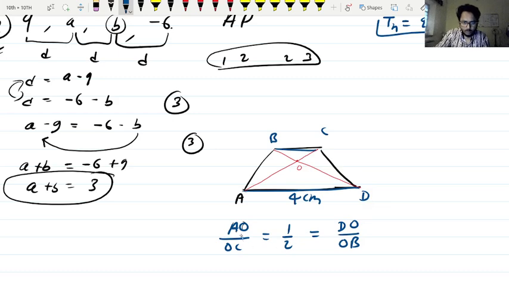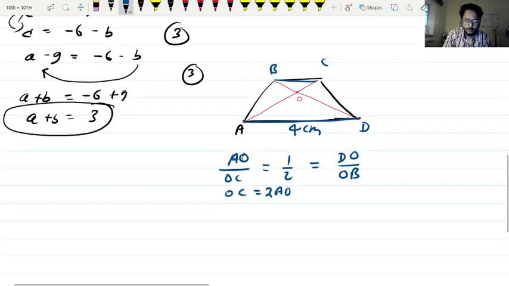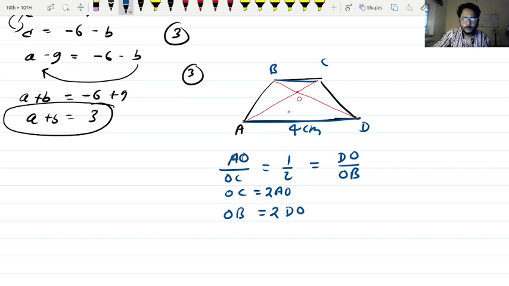So which side is higher? AO upon OC is equal to 1 upon 2. That means AO is half of OC, right? And DO is half of OB. That means OC equals twice of AO, and OB equals twice of DO.